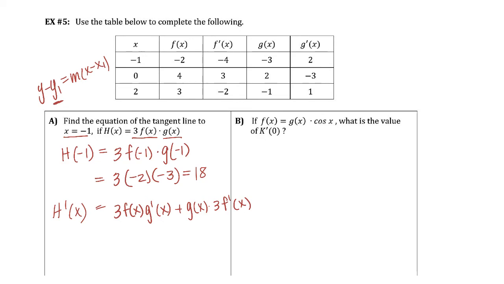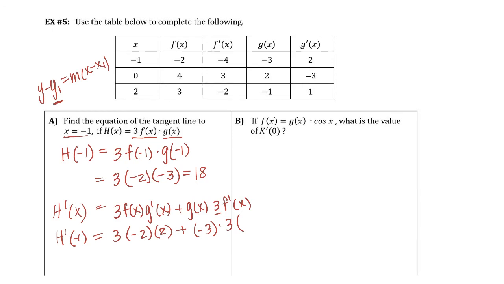All right, now let's go find our values because we do need to sub in for 1. So h prime at 1, we're going to have 3 times f at -1, 3 times -2, times g prime at -1. G prime at -1 is 2, plus g at 1, sorry, is going to be -3 times 3, that was given already, and then f prime at -1.